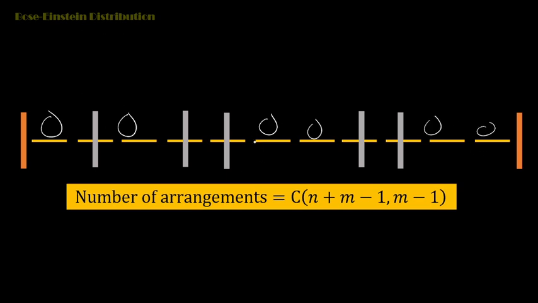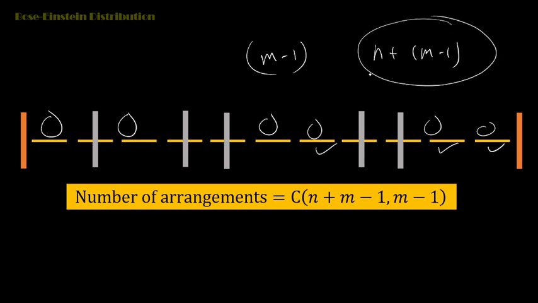Now the problem is we have to only place the walls at different m minus 1 places out of n plus m minus 1 places that we have marked by horizontal lines. So out of n plus m minus 1 places, we have to choose any m minus 1 places for walls and put walls there, and the remaining places will be filled up by balls.